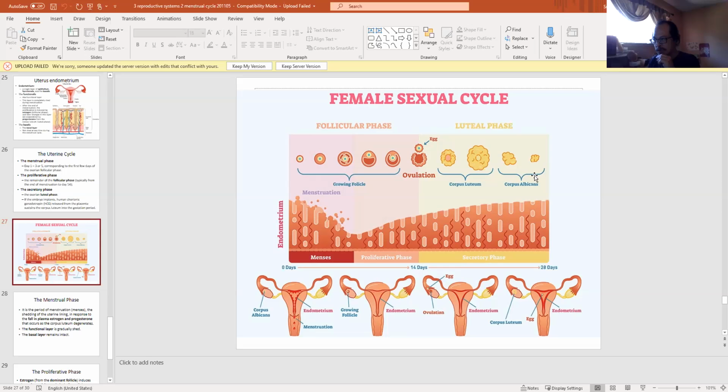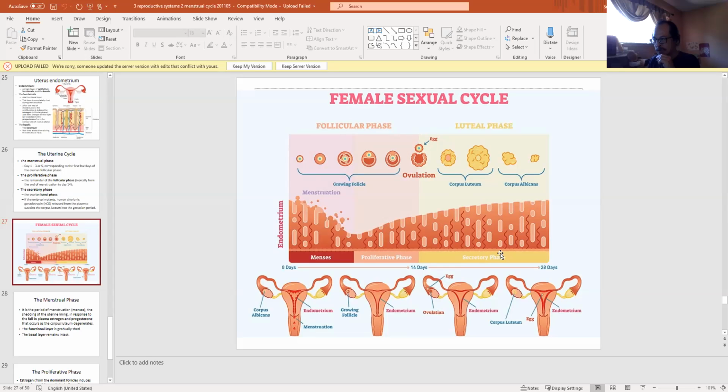and also degeneration. So from the ovary point of view, we see it including the follicular phase, ovulation, and the luteal phase. From the uterus point of view, we have the menstruation, then we have the proliferation and the secretory phase. This secretory phase is a phase to get not just the enlargement, but also the condition right for the implantation of the zygote.